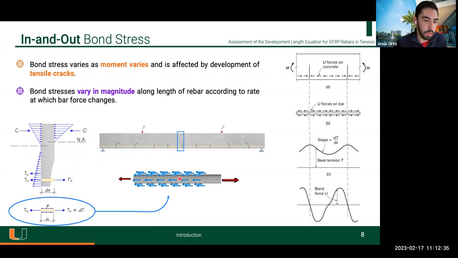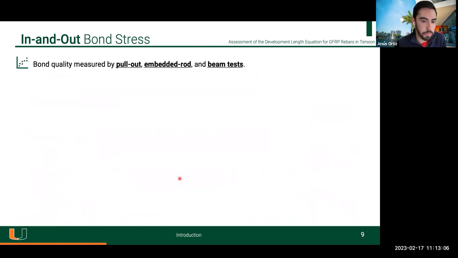In those cracks, the bar must take the full stresses, but once you start to move away from that crack, those stresses are transferred to the concrete. So it's what is usually referred to as in and out bond stresses. The distribution is not uniform, although usually when we address bond stresses, we assume a constant and average distribution to simplify some of the calculations.